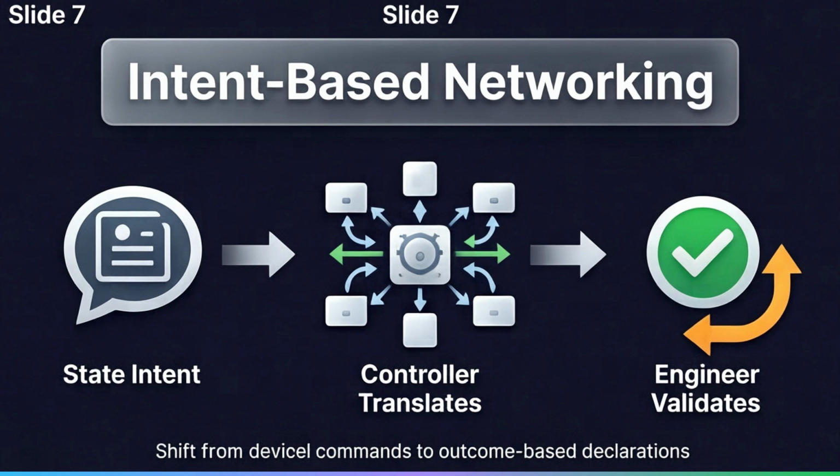It does not mean the engineer stops thinking. The engineer owns the policy, scope, validation, and rollback decision. The controller owns repetitive translation and distribution. That shift, from telling every device how to behave to declaring the outcome, builds on automation and SDN.